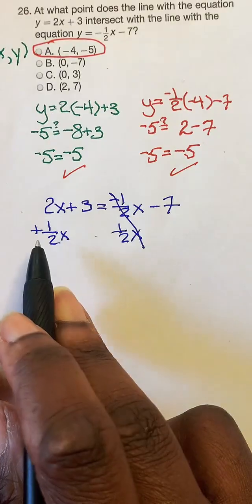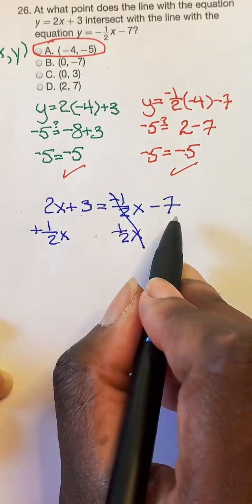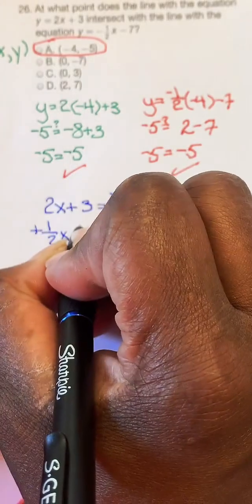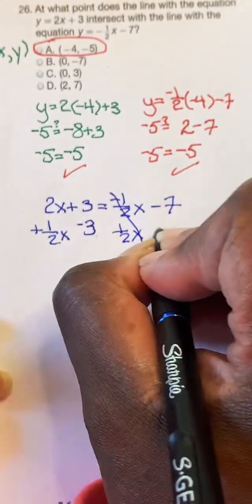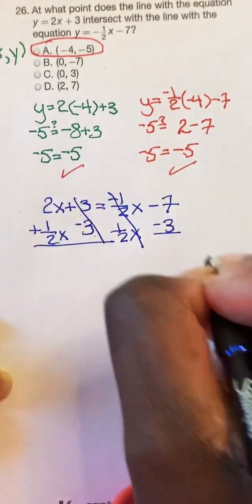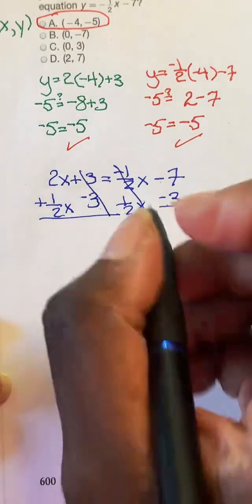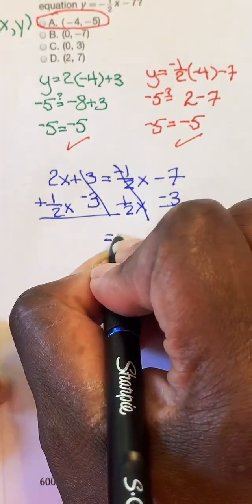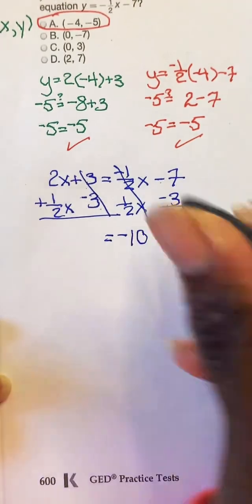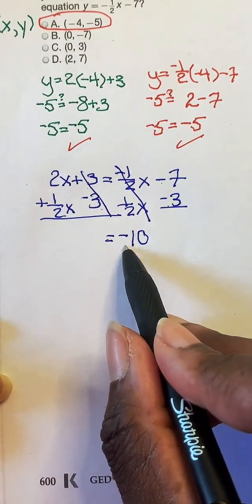So if I'm adding the x on this side, that means this positive 3 needs to go to the other side. So I'm going to subtract 3 on both sides. All right. So now, negative 7 minus 3 gives me a negative 10. When the signs are the same, you add them and keep the sign.